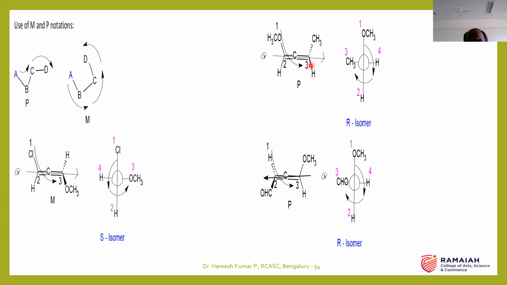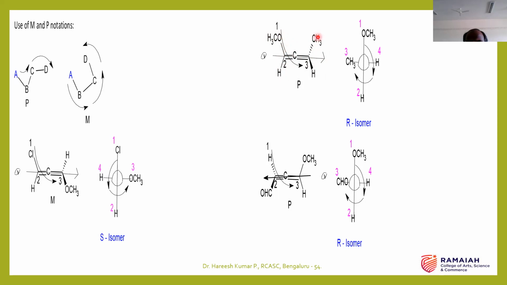Let's take one more example here. When the chiral axis is passing through this carbon atom, you know that this is the wedged one. Always the wedged one will be the horizontal groups, and the plane representation is called vertical groups. And vertical groups take the priority.